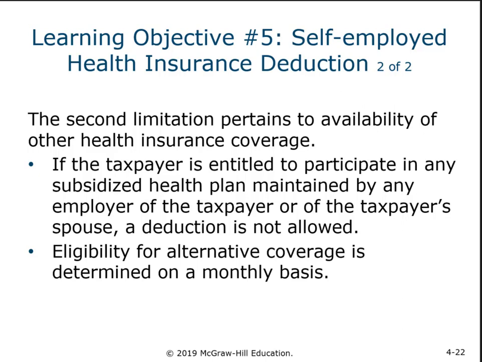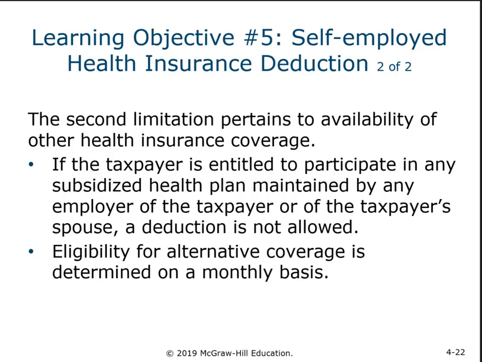Okay, and that eligibility is determined month to month, meaning if, say, in one year your spouse was working for 6 months but then not for the other 6 months, then you would be ineligible for 6 months, assuming that the employer provided coverage.